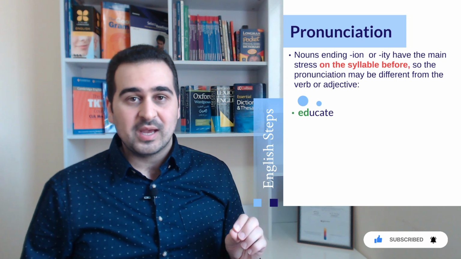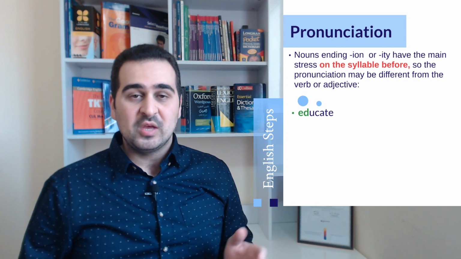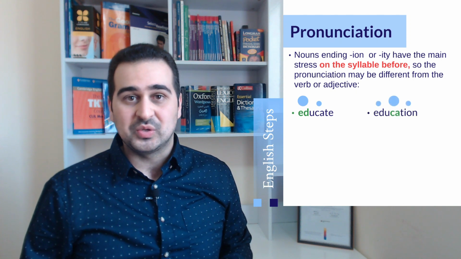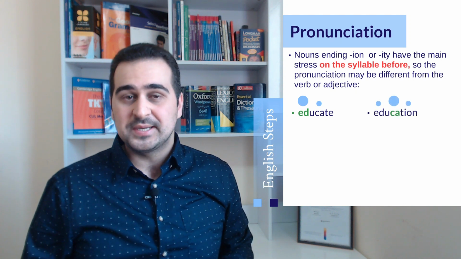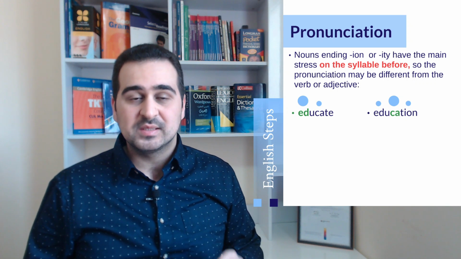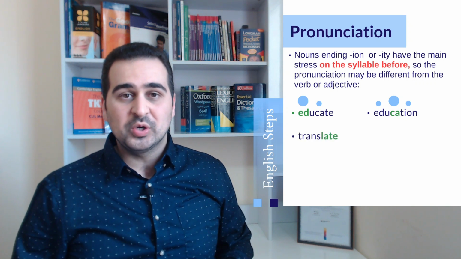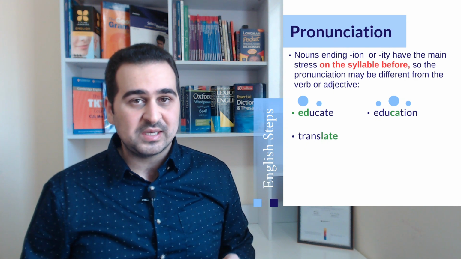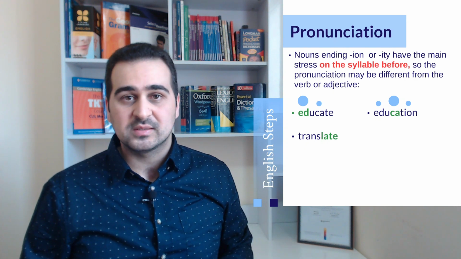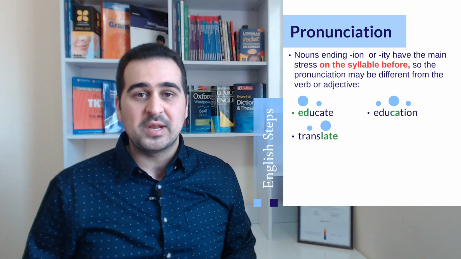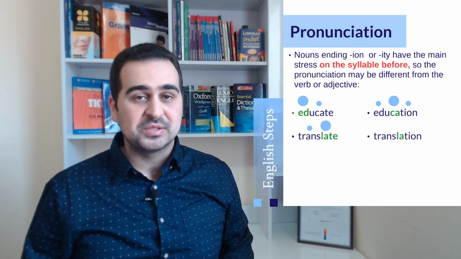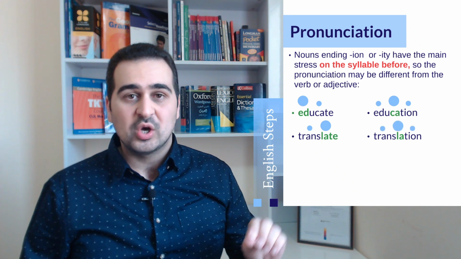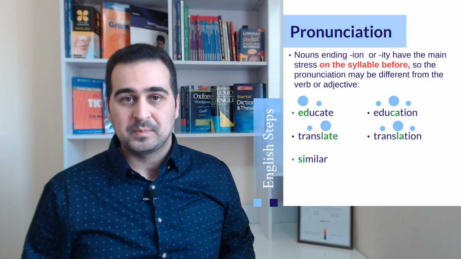If we change it into a noun, education, where is the stress here? On the second syllable. Now the word translate, the stress here is on the second part. When we change it into a noun, translation, we notice that the stress here comes on the second syllable.